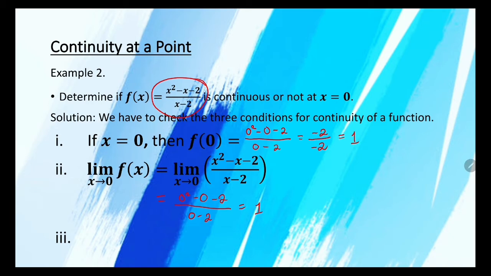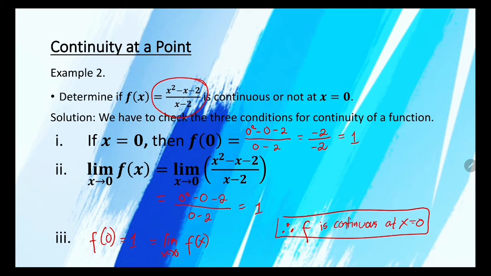You notice the limit of f of x as x approaches 0 and f of 0 are equal. f of 0 is equal to 1, which is also equal to our limit of f of x as x approaches 0. Therefore, our f function is continuous at x equals 0. Since the three conditions are satisfied, f is continuous at x equals 0.